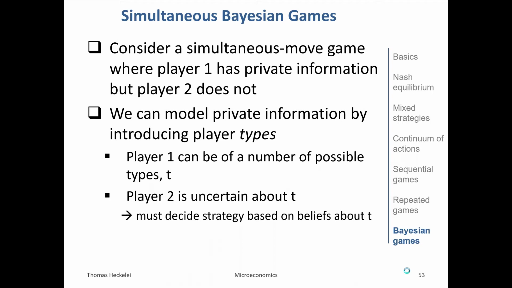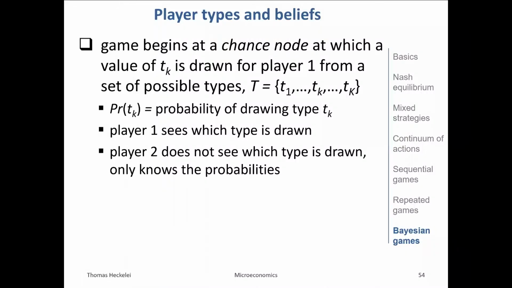And therefore, he must rely on certain beliefs about T and infer his strategy upon this belief. That's the setup. Let's first go through the formality of the game, the model, and then later we see how it looks on the board. So go through the slides first.